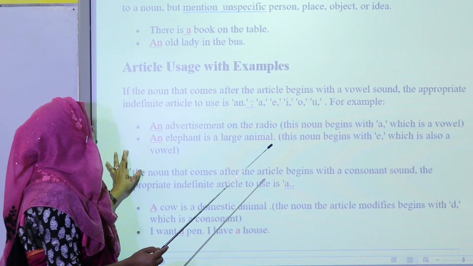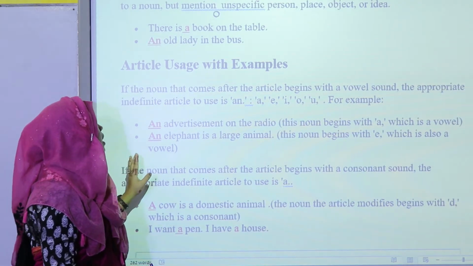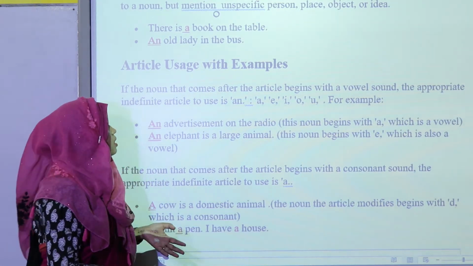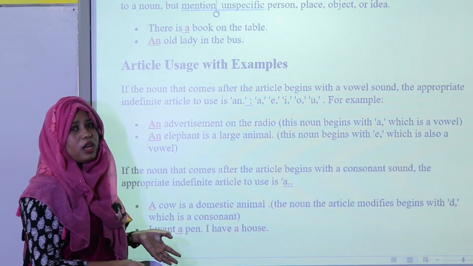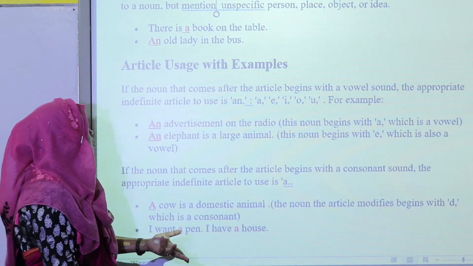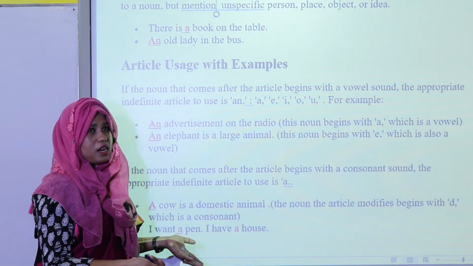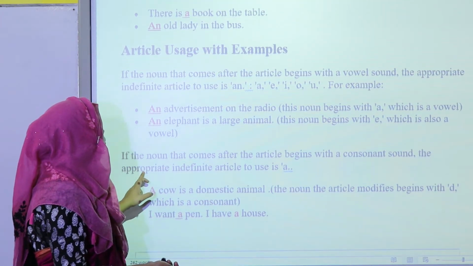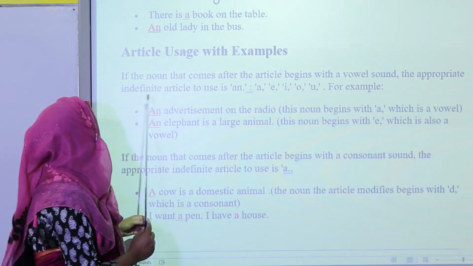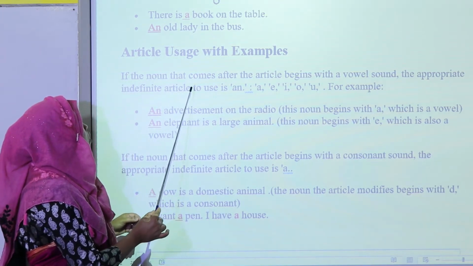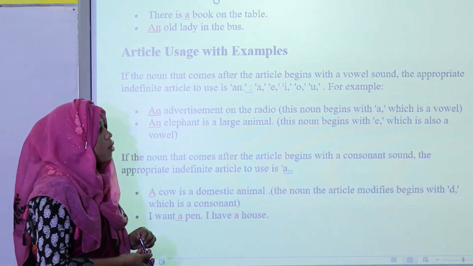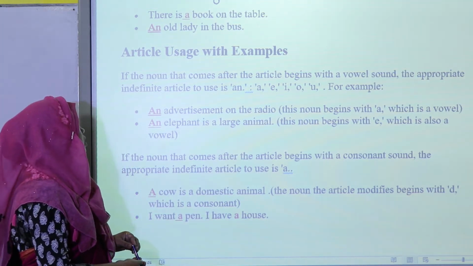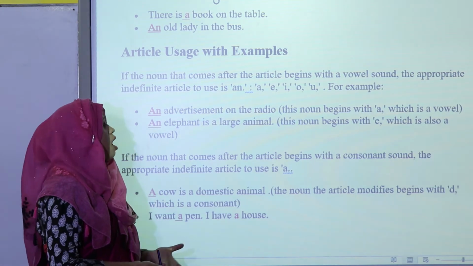And we also get some examples of the use of articles. Now we try to understand how to use the indefinite articles. If the noun that comes after the article begins with a vowel sound, the appropriate indefinite article to use is an.